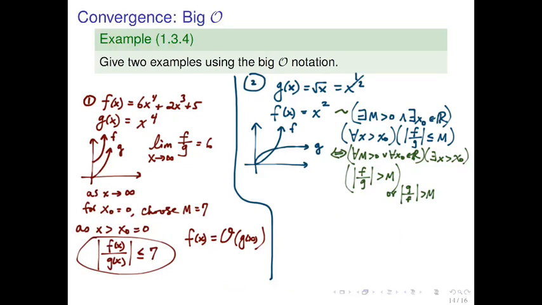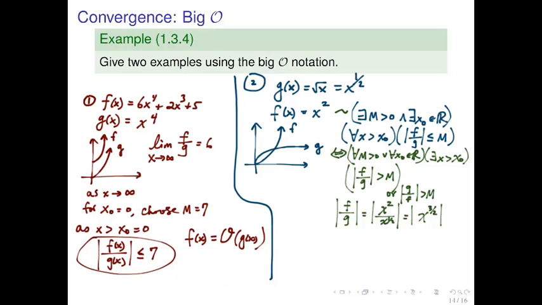And in fact, this is not too hard to see. If we look at f over g, this is the expression x squared over x to the 1/2, and that is equal to x to the 3/2. You can see that it doesn't really matter what your starting point is.